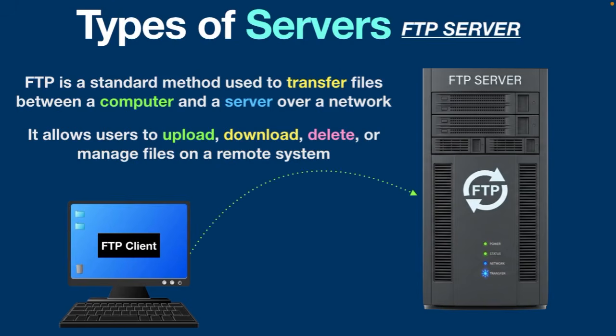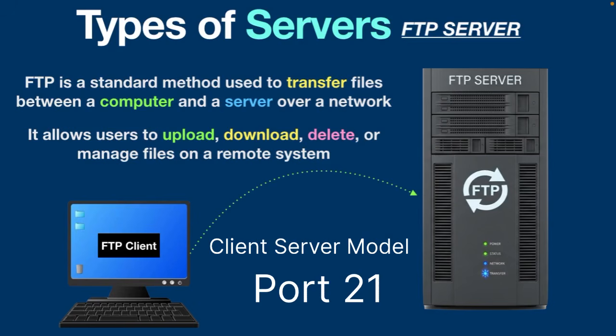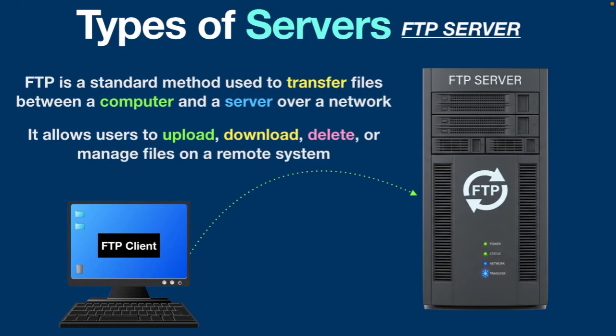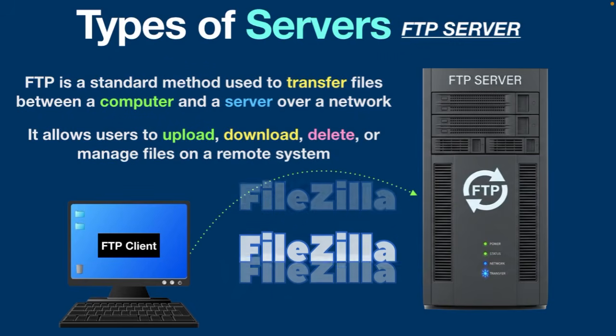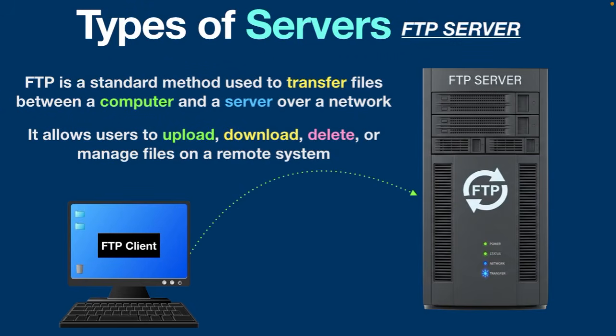Commonly used for website management and file sharing, FTP works through a client-server model and typically uses port 21 for communication. However, basic FTP is not secure because it sends data in plain text. So secure alternatives like FTPS and SFTP are often preferred. FileZilla is the most famous example of an FTP server.